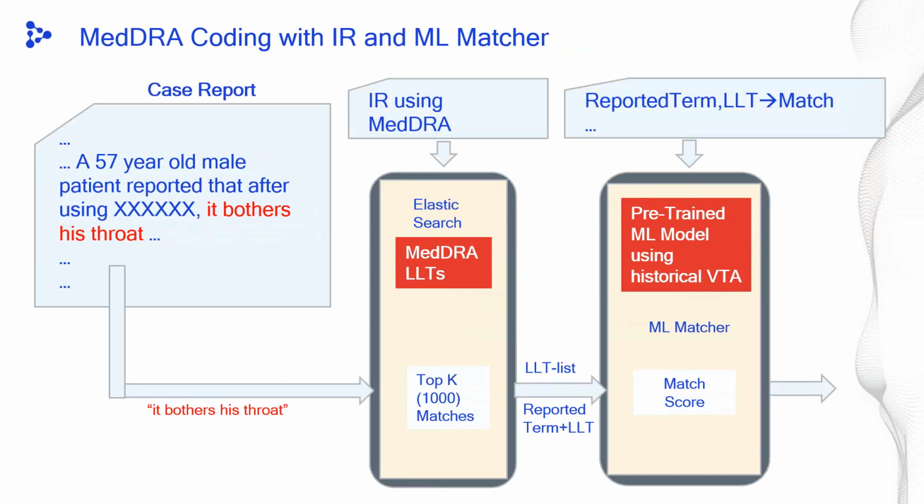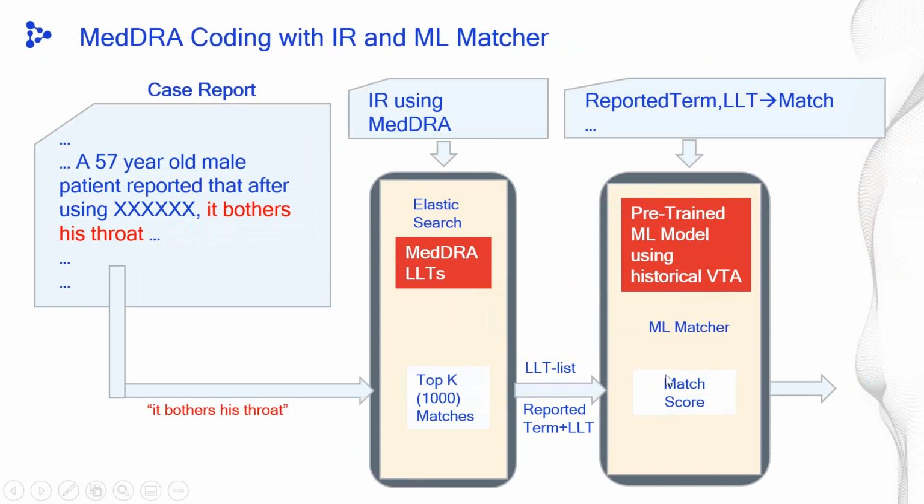So in the absence of that, one quick way to get ML incorporated into this algorithm is to find LLTs that have terms in common with the reported term. So that's the information retrieval using the MedDRA dictionary alone. And then whatever shortlist is found, those that have similar or closely related terms, they are sent to a matcher.